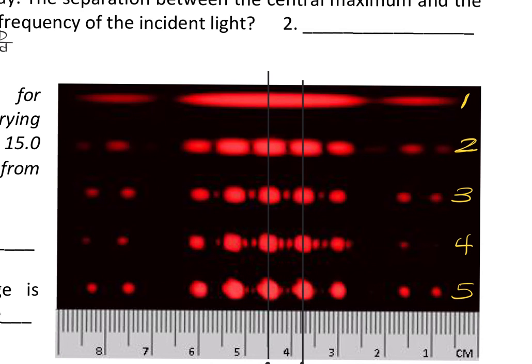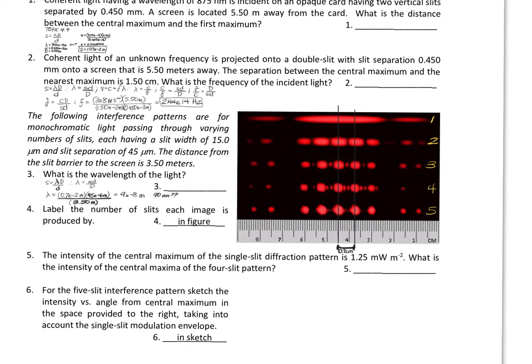Okay, let's look at number 5. So number 5 says the intensity of the central maximum of the single slit is 1.25 milliwatts per meter squared. What's the intensity of the central maxima of the 4-slit pattern? So my understanding is that the intensity of the maxima increases as the square of the number of slits.